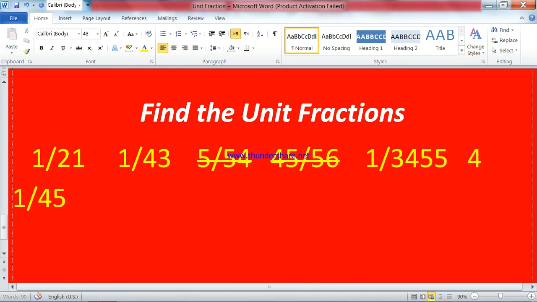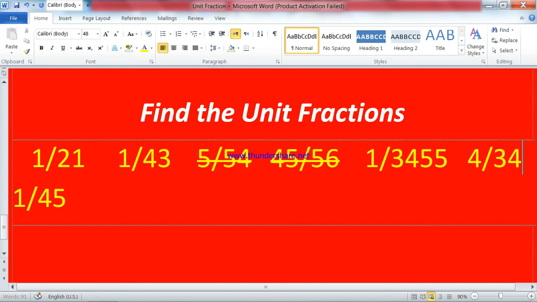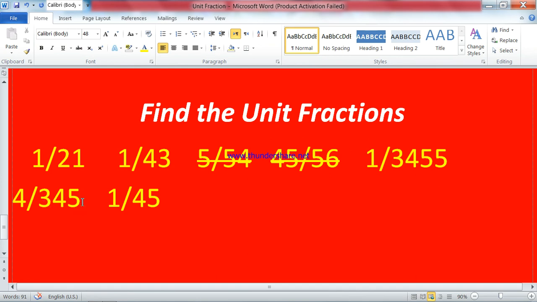What was written? 4 upon, leave it, I am writing another number like 355. I suppose this was what was written. So I have cut these 1, 2, 3. Of the 7, only 3 were not unit fractions and the rest, 1, 2, 3, 4, were unit fractions because they had numerator 1.